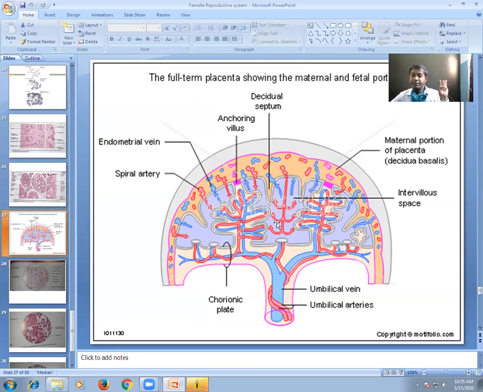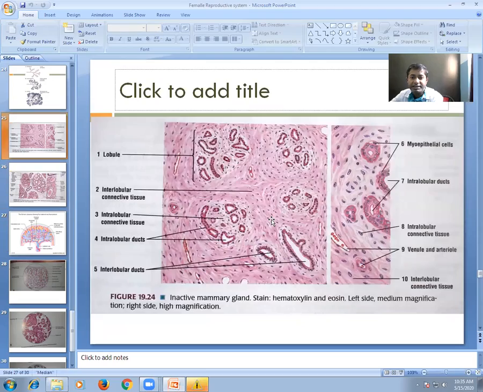Histologically, three types of villi are there: primary villi, with only one layer of trophoblast; secondary villi, with two layers, the trophoblast plus extraembryonic mesoderm; and tertiary villi, with trophoblast, extraembryonic mesoderm, and the innermost, the blood. So you can see here.